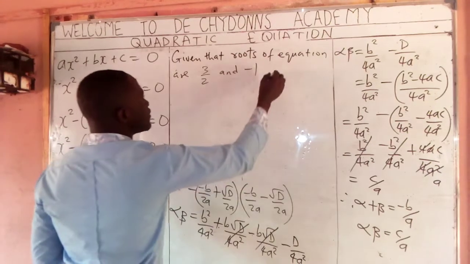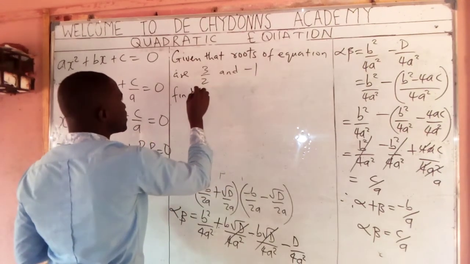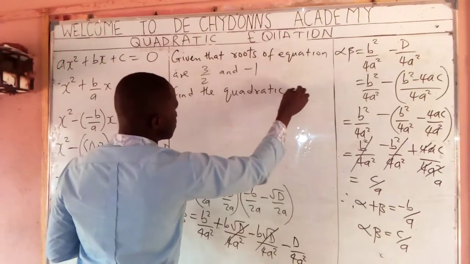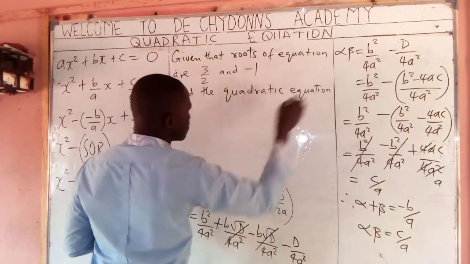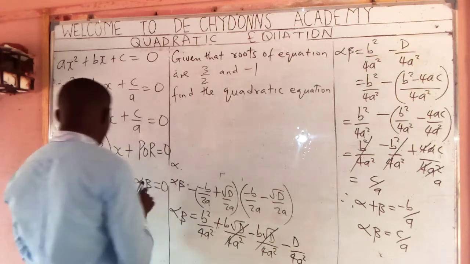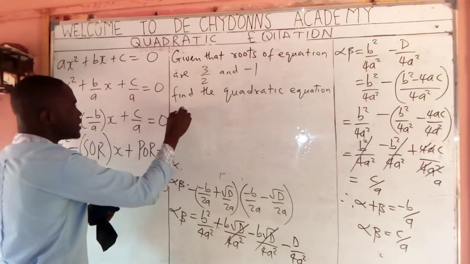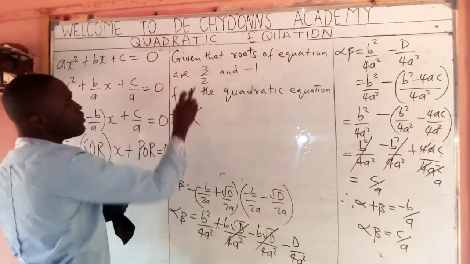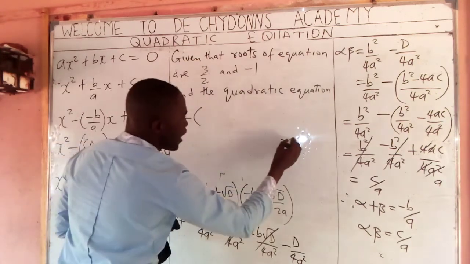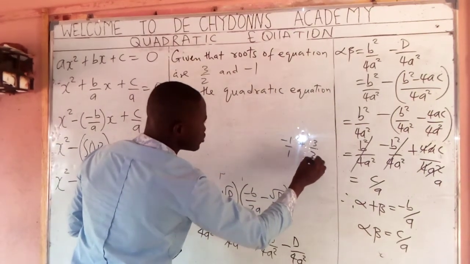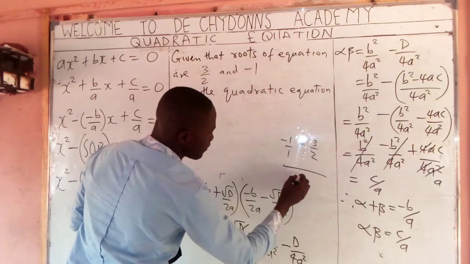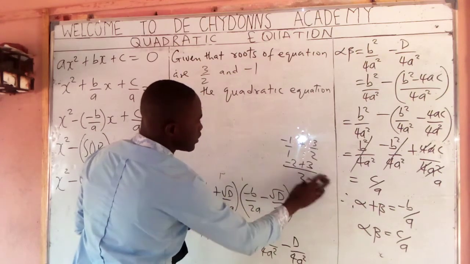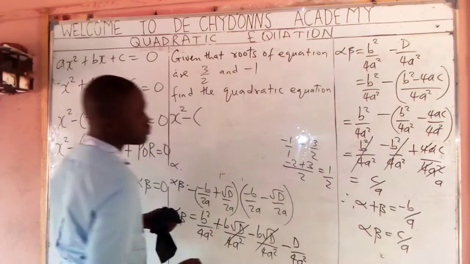They now say, find the quadratic equation. What you just do is say, the quadratic equation is x squared minus, what is the sum of the roots? Sum of the roots means add these two together. Minus 1 over 1 plus 3 over 2. That will be giving me what? Minus 2 plus 3. That will be giving me 1 over 2.